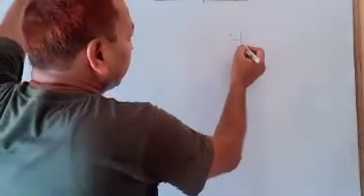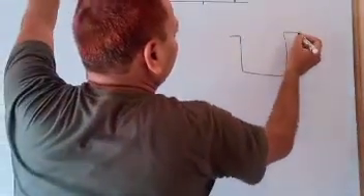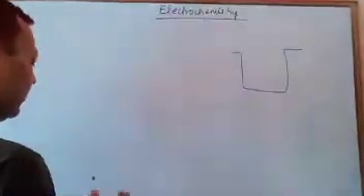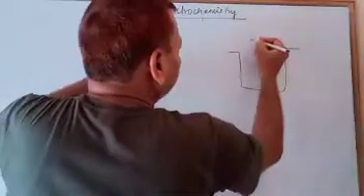Now, first we are going to draw this electrolysis. We will understand the concept of ionization theory. First we will draw the structure of an electrolytic cell. This is a glass vessel containing electrodes.